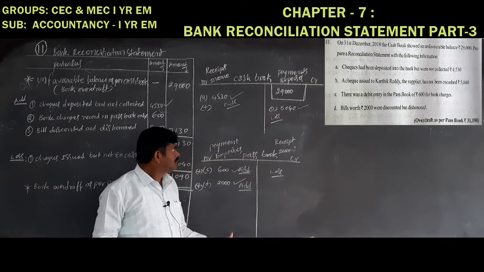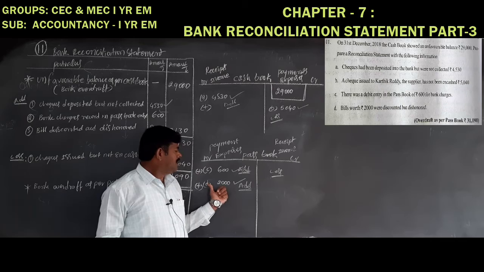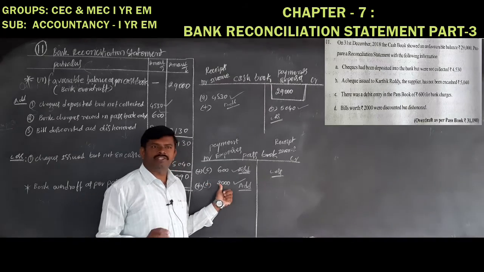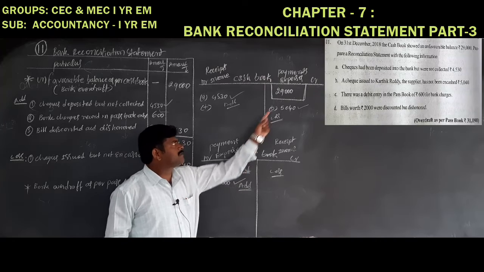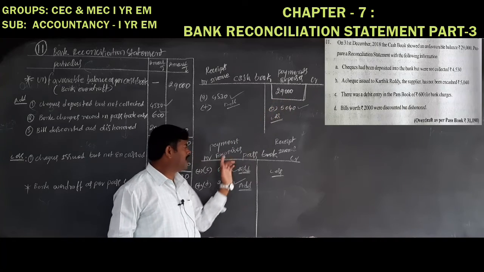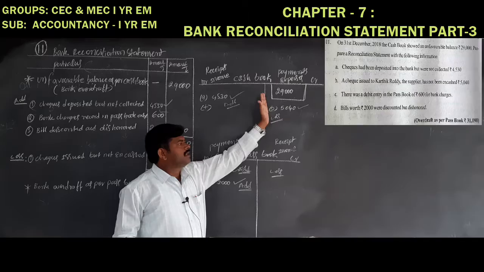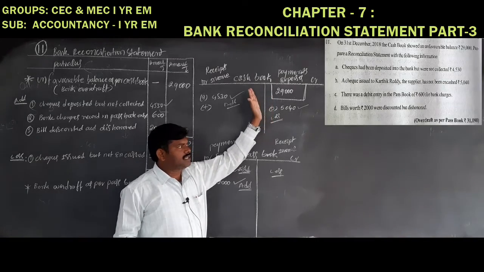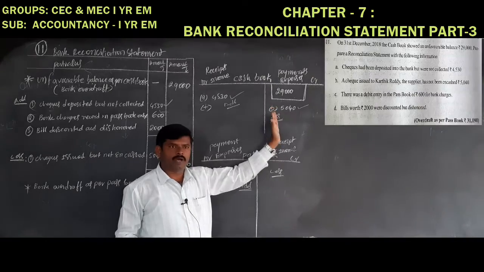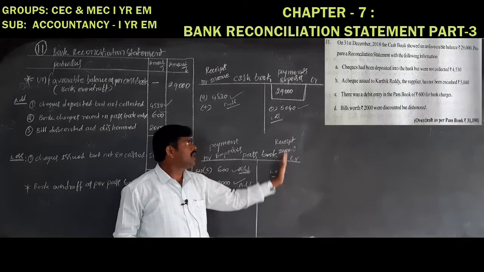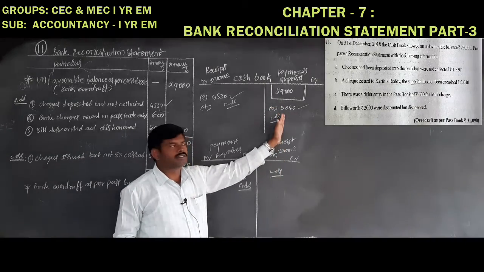Next, D: bill discounted and dishonored. So it is also under add items, as per the opposite direction of the starting point. The starting point side transactions in the cash book as well as the passbook are under less items.